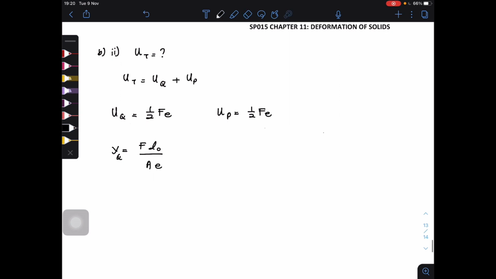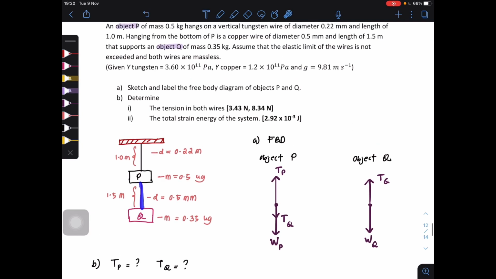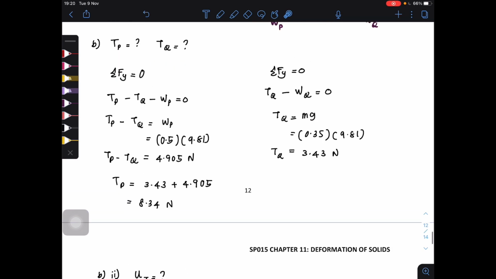Okay, so Q tadi, the material is this one. What is the material here? Is the copper, which is equal to 1.2 exponent 11 Pascal. And then the force here will be WQ.